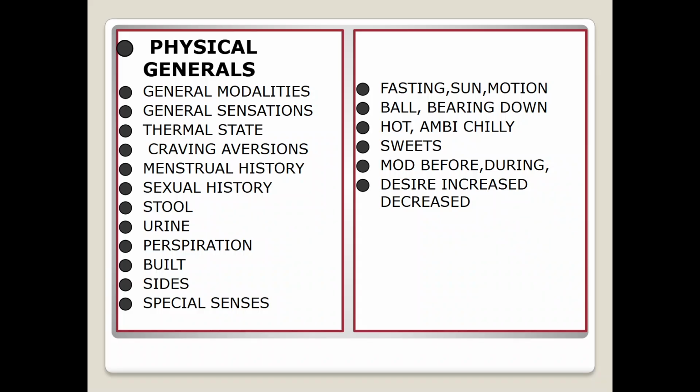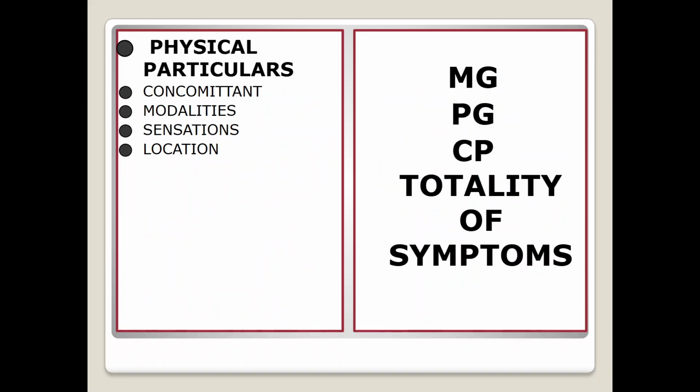So modalities before, during the menses, sexual history, desire increased, desire decreased, or any modalities. Then we'll consider stool, urine, perspiration, that is the excretory products. Then we'll consider patient's build, sides, and spatial senses. So these are the rules of evaluation of physical general symptoms.